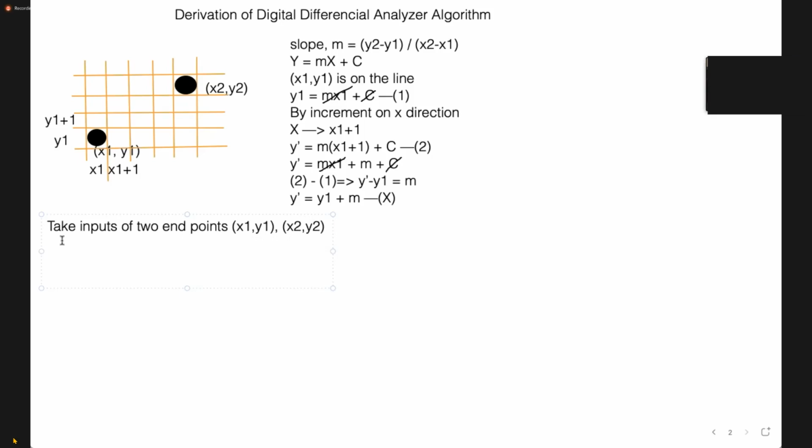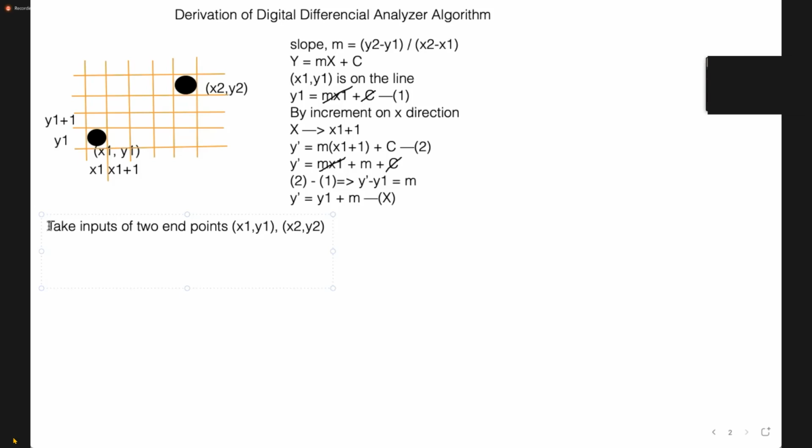And then what we have to do is calculate the slope.